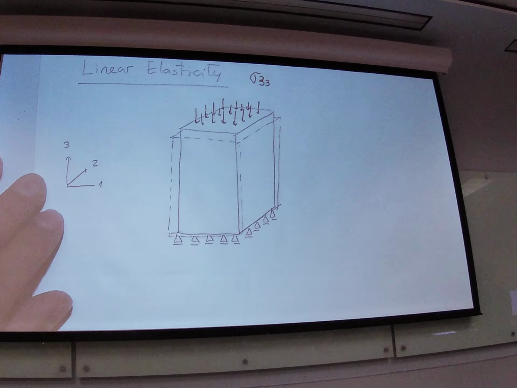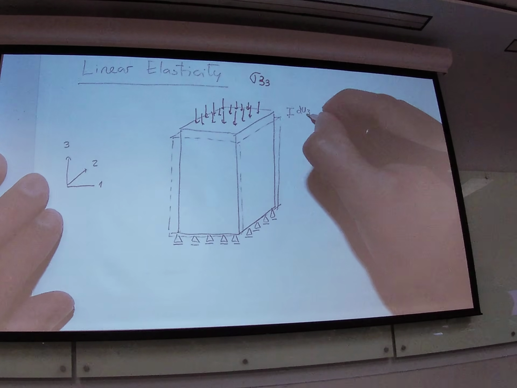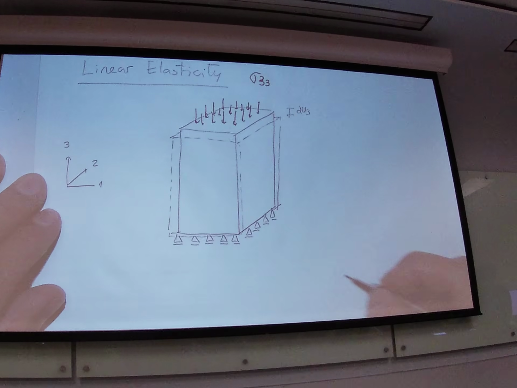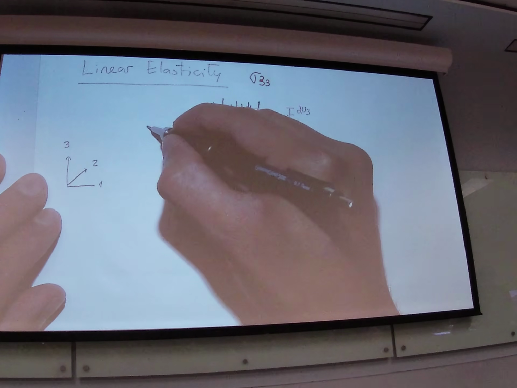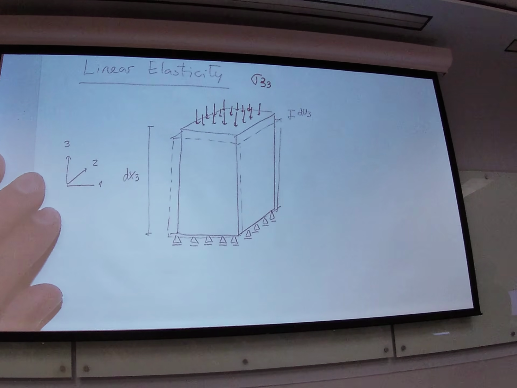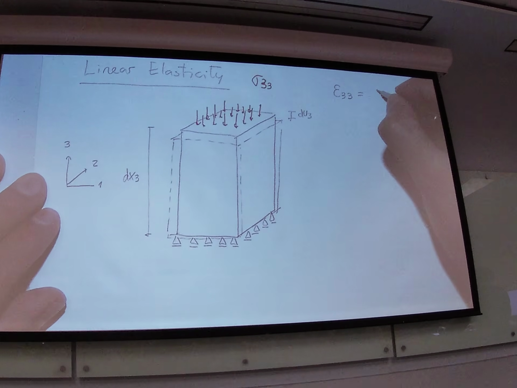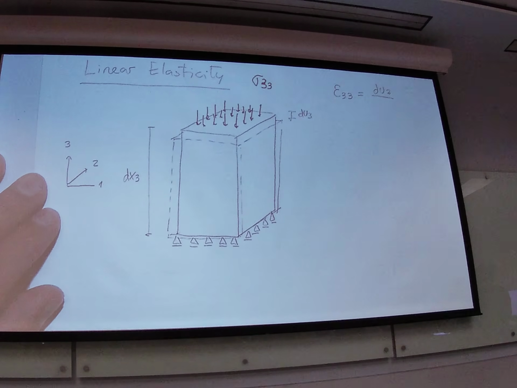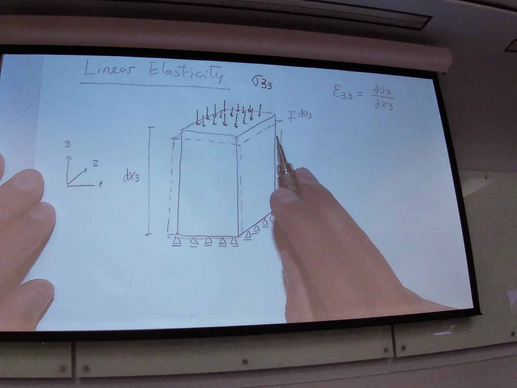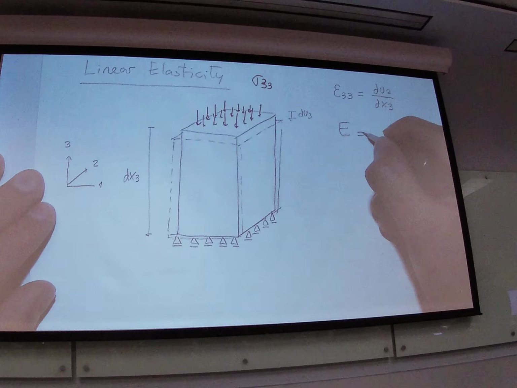Well, let's go step by step, okay? The change in direction 3 divided by the original length in direction 3 is going to give me the strain in direction 3, right? With the equations we just defined, this is going to be the strain in direction 3, and assuming linear elasticity, I'm going to define the Young modulus, and this is the definition, okay?